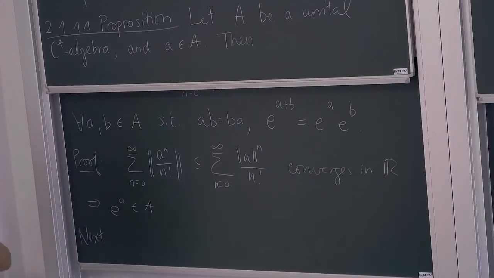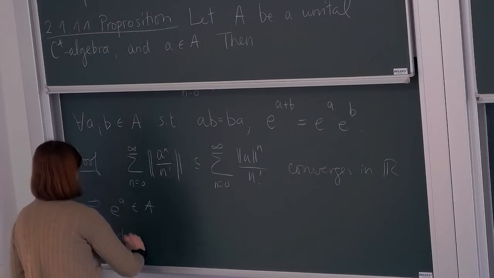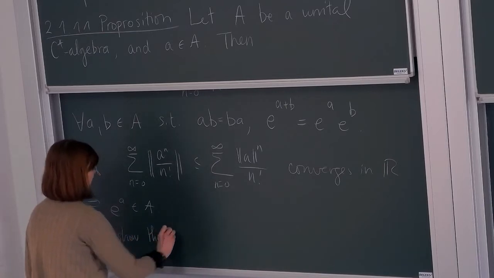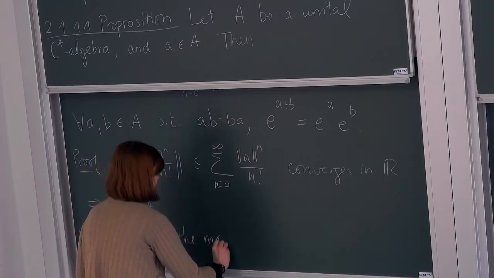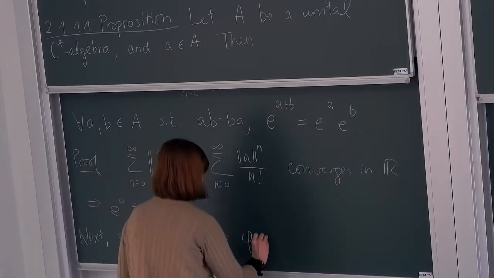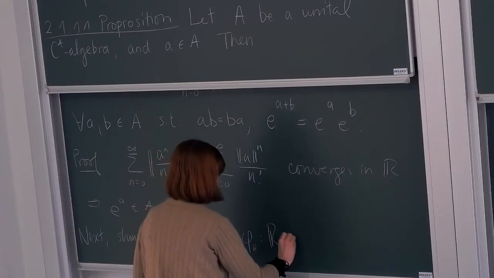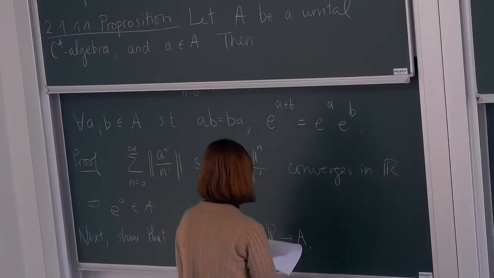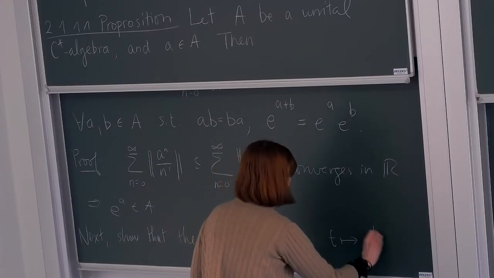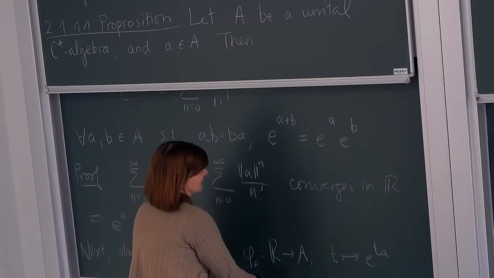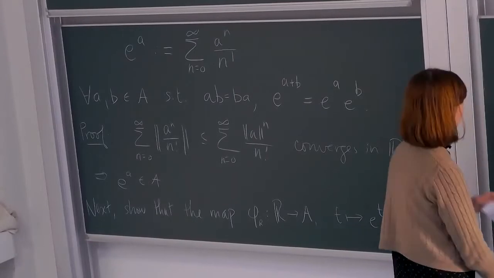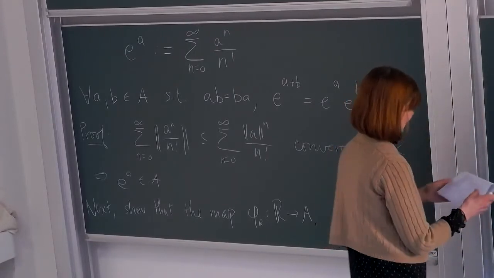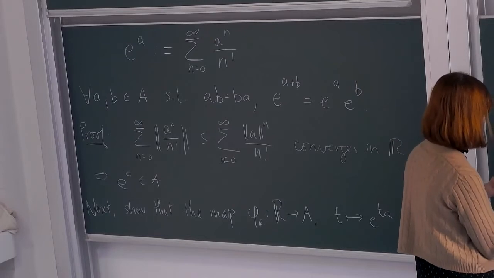Okay, so next, the idea is to check that the map phi A from R into the C-star algebra A, given by mapping t to e to the tA, is differentiable. So this should remind you of what characterizes the exponential function in regular analysis.